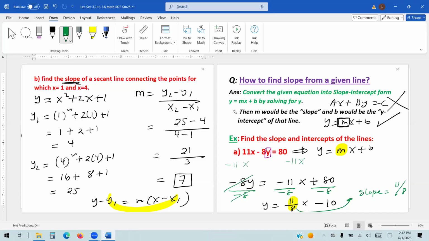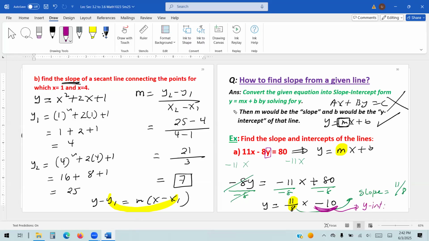And this one is also asking for intercepts, meaning find the x-intercept and y-intercept. So if 11/8 is the slope, what is negative 10? Y-intercept. So when you turn this into slope-intercept form, we get the y-intercept as a bonus.